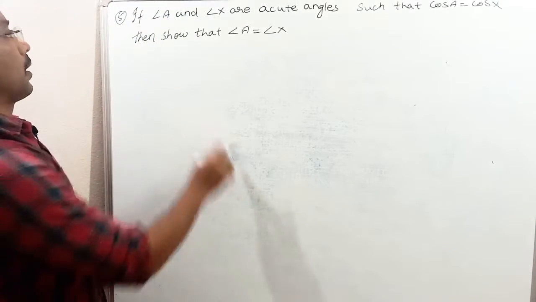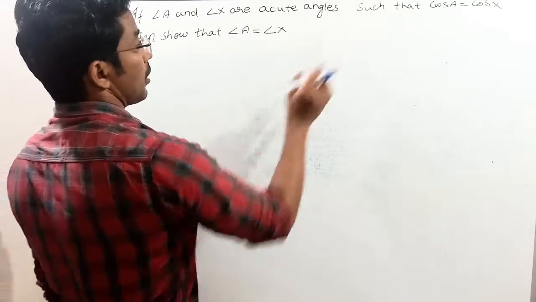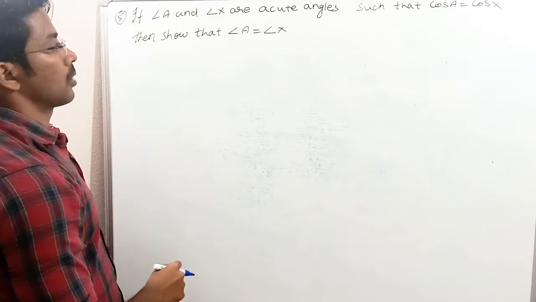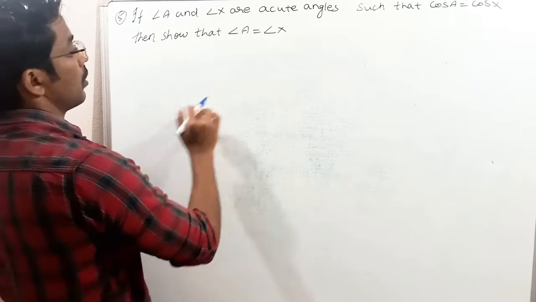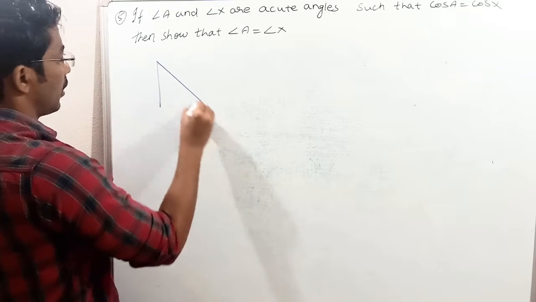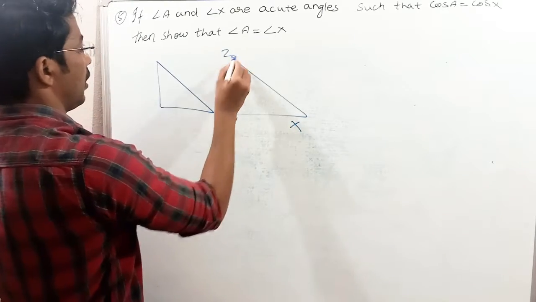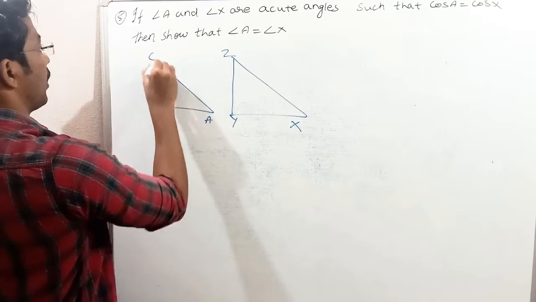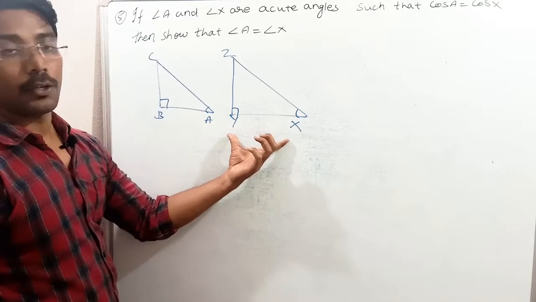Next problem. If angles A and X are acute angles and the given condition is cos A is equal to cos X, then we have to show that angle A is equal to angle X. So let us now consider triangle ABC and XYZ where angles A and X are acute angles.